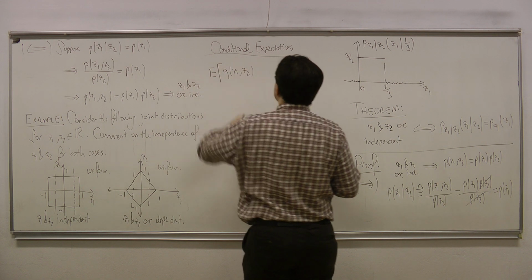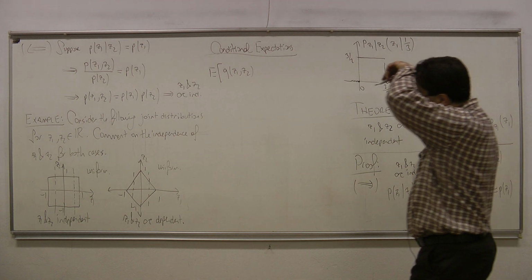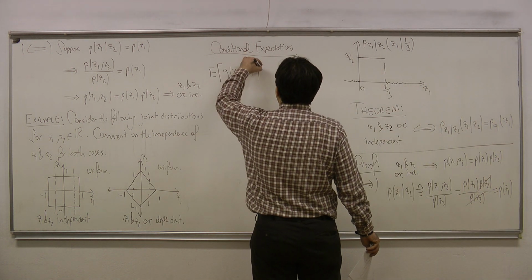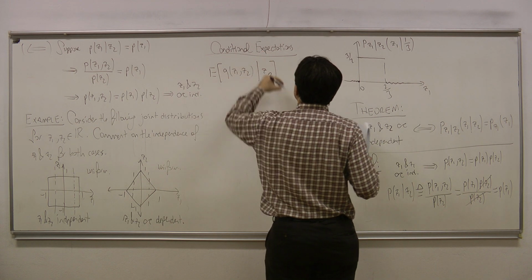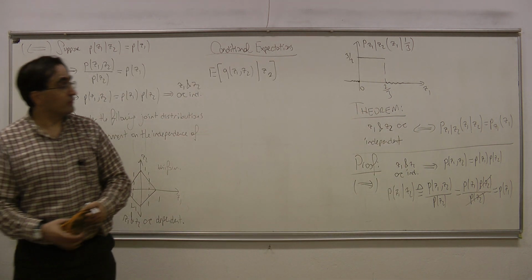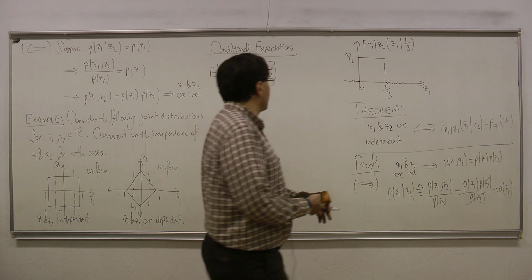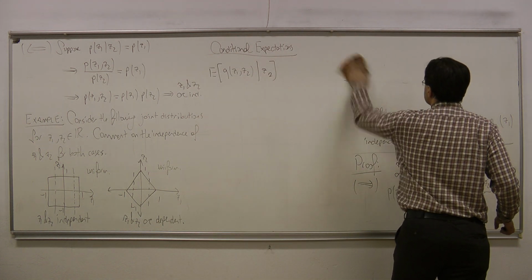I have a joint function of Z1 and Z2, and I will look at its expectation given the variable Z2. This is called a conditional expectation. Now I'm going to write its definition.